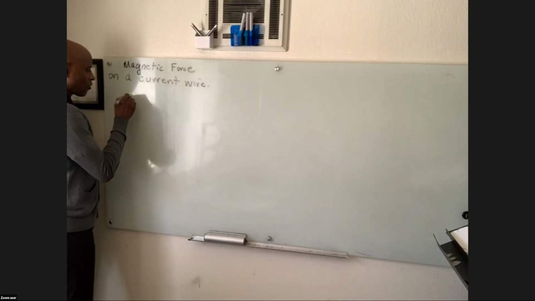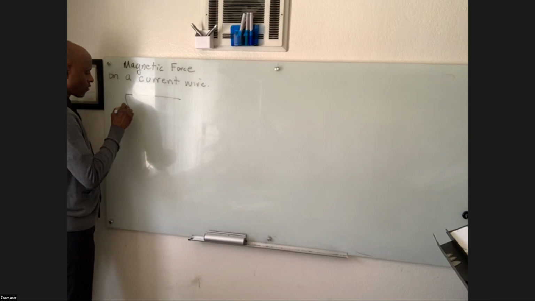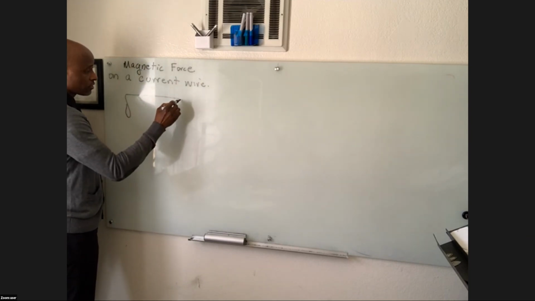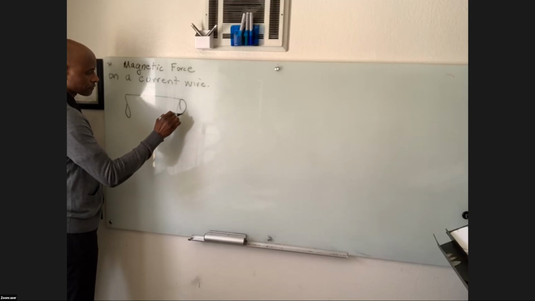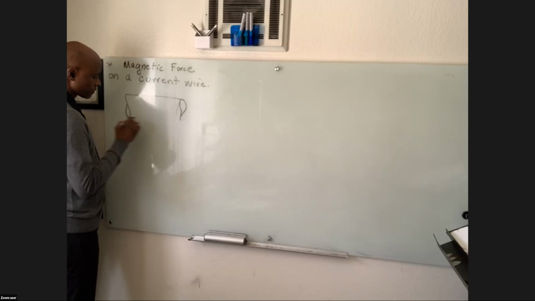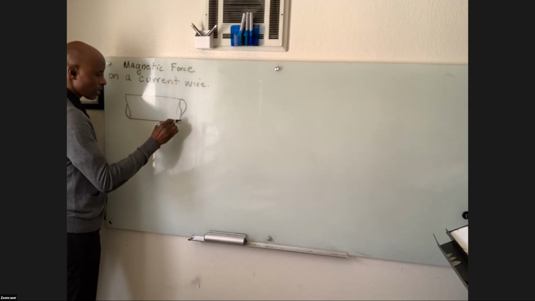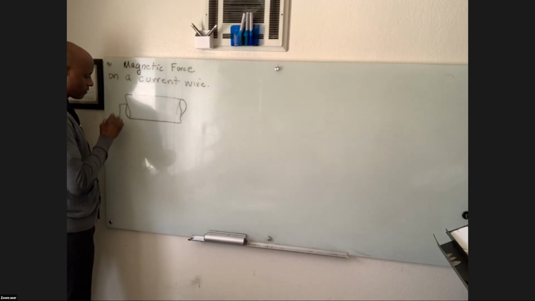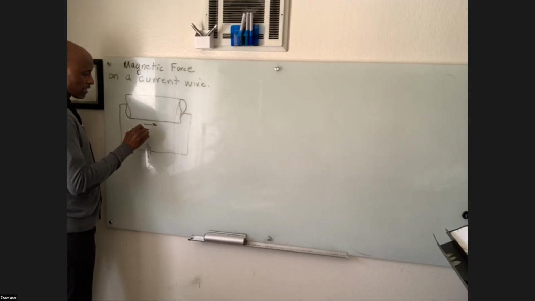So here we have a wire. Let's say we're looking at the cross section of a wire, and it could have been connected to a battery, like I had done here before, so that we have current flowing in the wire from left to right.